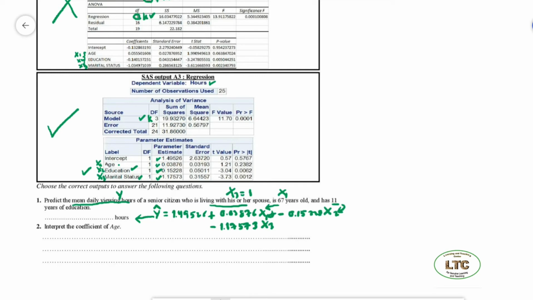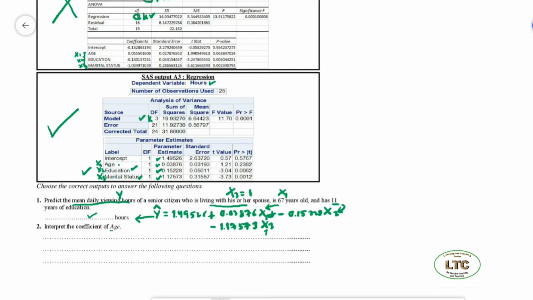So after that, compute by calculator: a plus b1 times 67 minus b2 times 11 minus b3 times 1. Yeah, so x3 value is 1. Then you get this predicted hours.